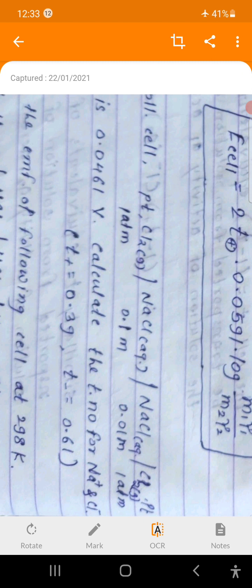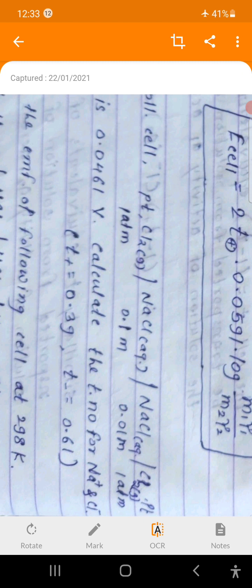Out of the 6 types we already discussed, you identify which type of cell is given, and there are 6 different EMF equations.